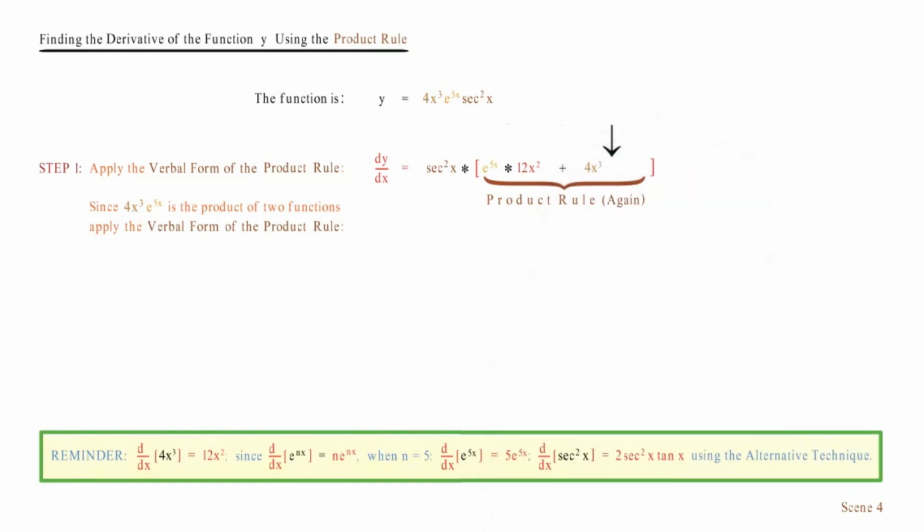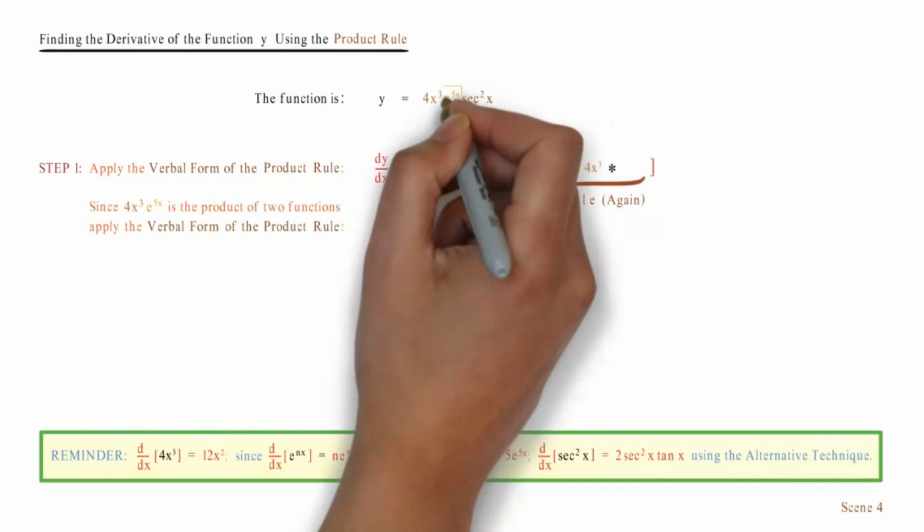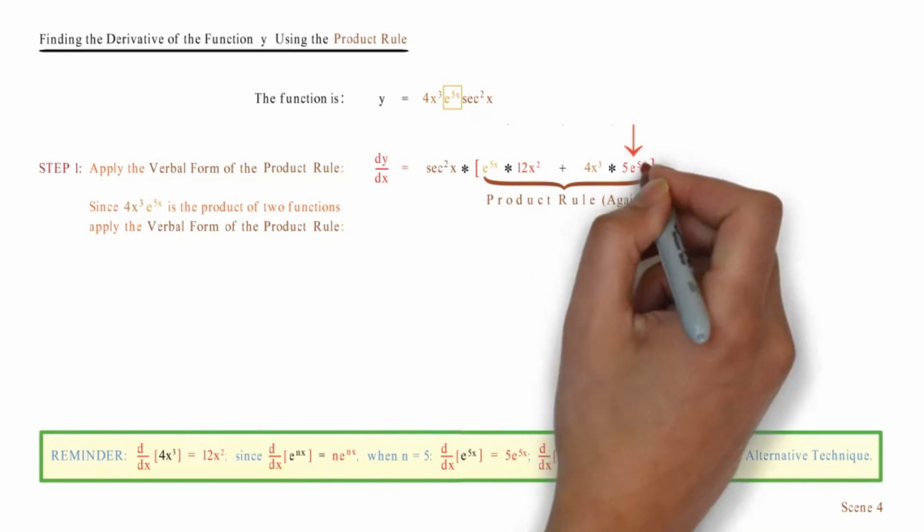Times is times. The derivative of the second function is the derivative of e to the 5x, which is 5e to the 5x.